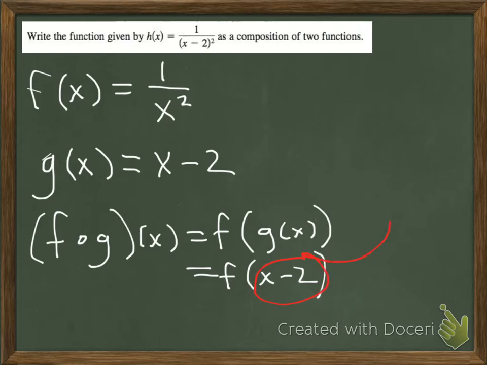So taking that, plugging it in right there, well, we end up with 1 over x minus 2 quantity squared, which is exactly what we wanted.